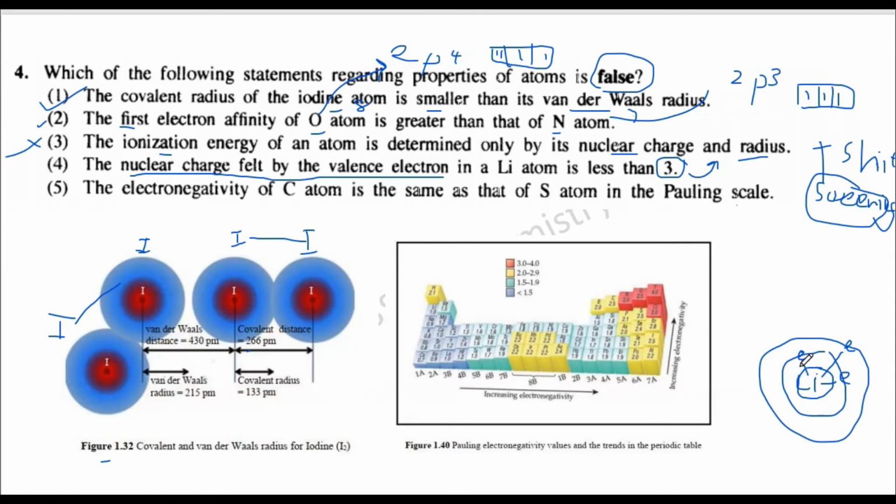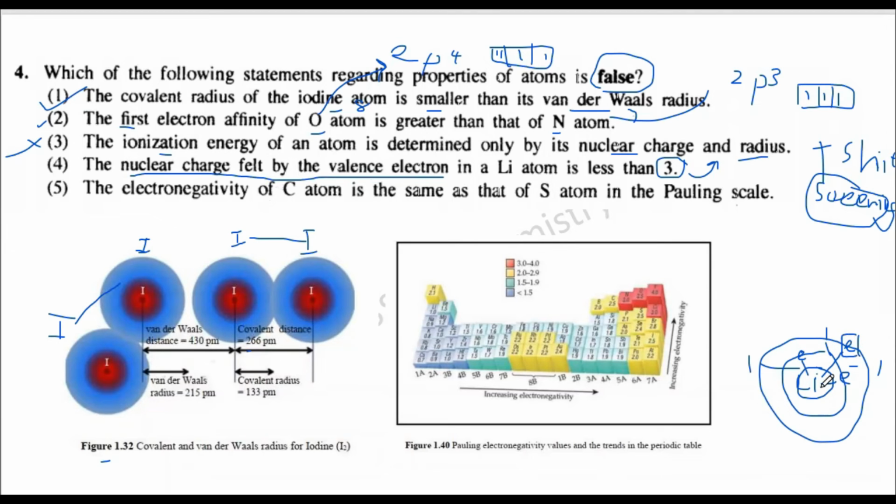If you give this nuclear attraction 1, 1, and 1, the nuclear charge will be 3, right? There are 3 attractions happening. Don't think that it is only by the valence electron.